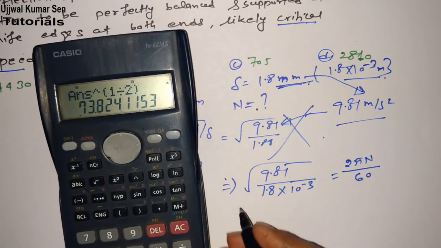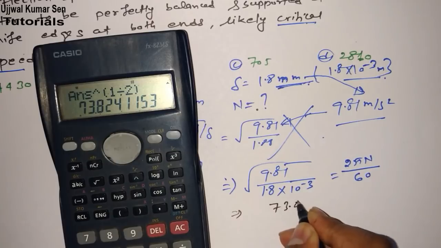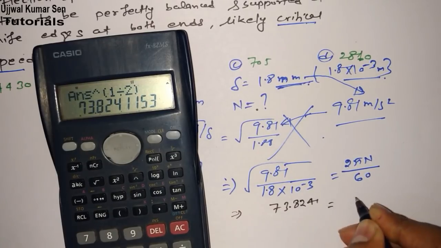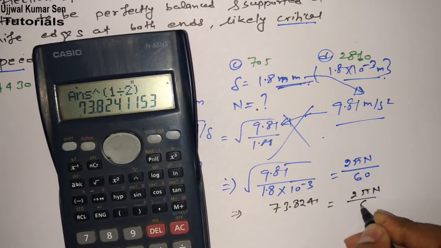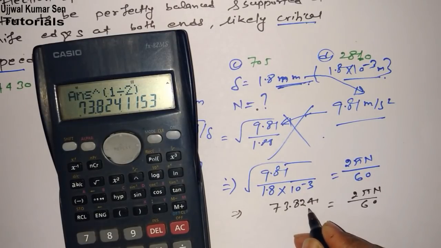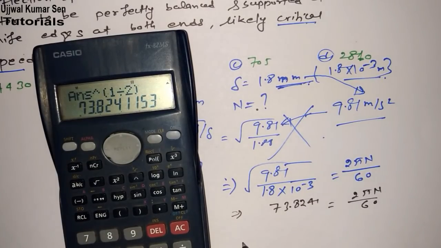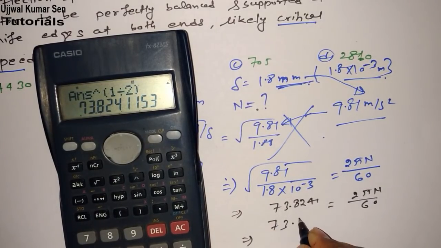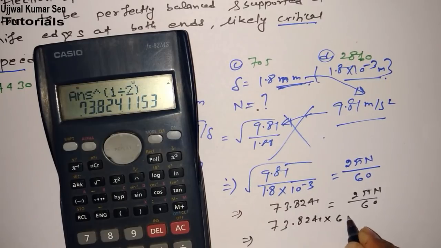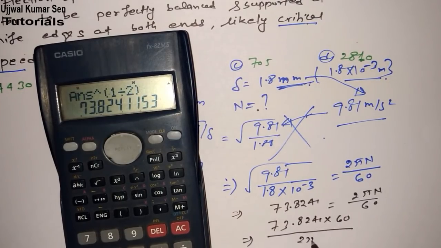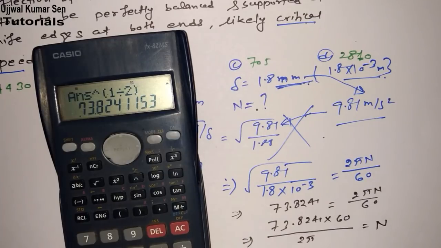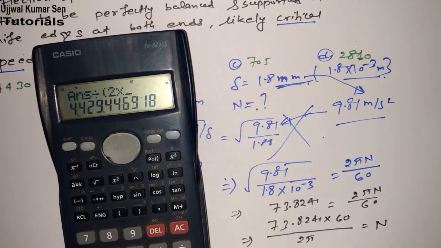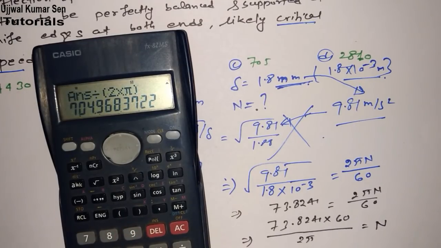So this is how much we are getting: 73.8241 is equal to 2 pi N divided by 60. We have to send this 60 to this side with cross multiplication, it's a simple problem, right? So 73.8241 multiplied by 60 divided by 2 pi is equal to N. So multiply by 60 and divide by 2 times pi, how much value exactly are we getting?